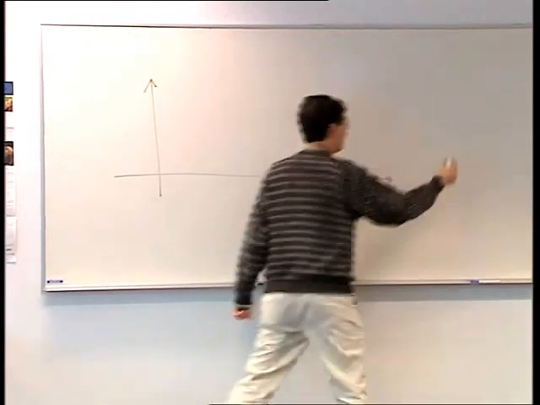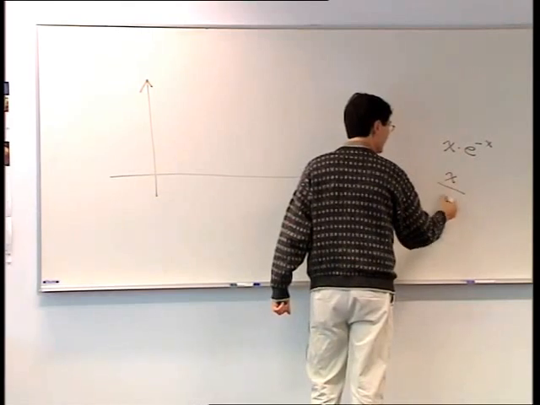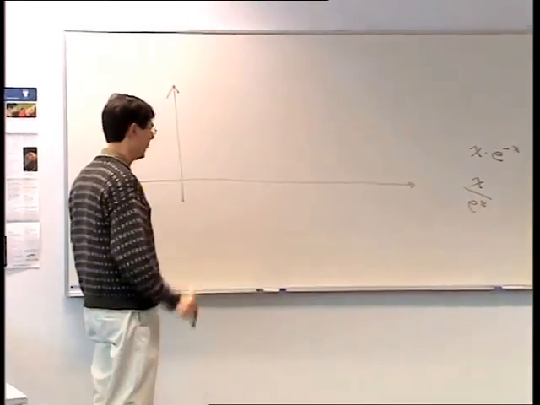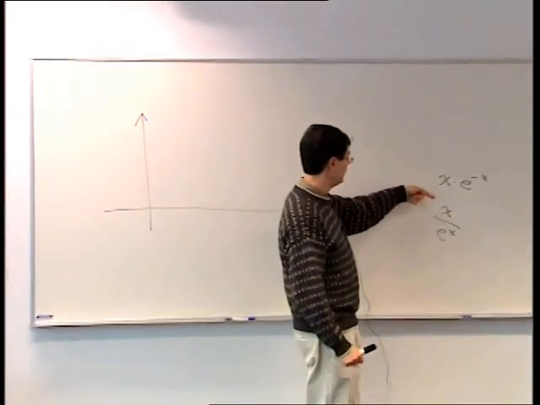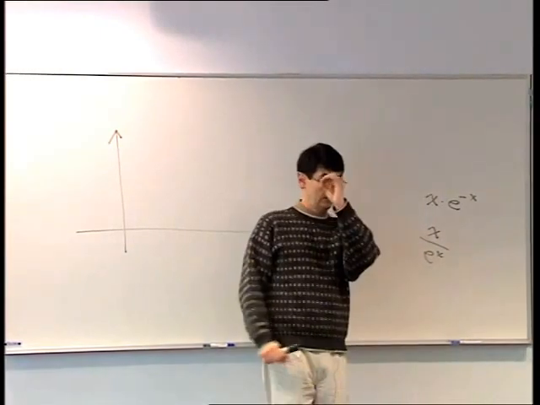So what is the graph of x times e to the negative x, or x divided by e to the x? When x is 0, this is 0 divided by e to the 0. E to the 0 is 1, so 0 divided by 1 is 0.